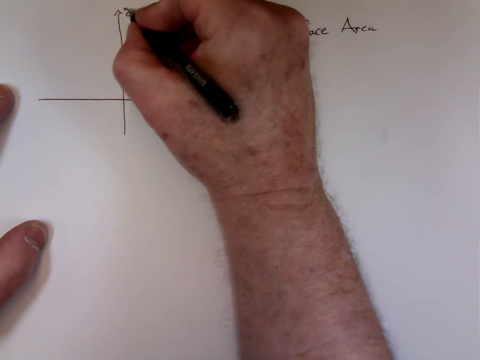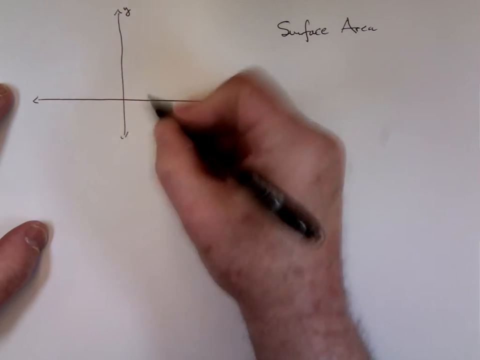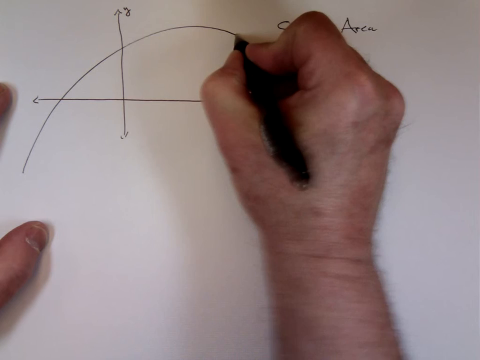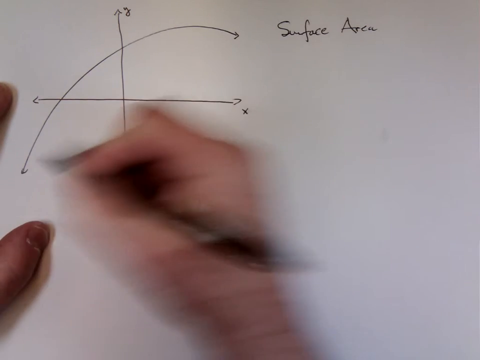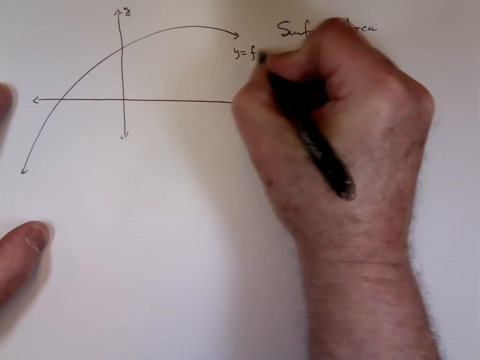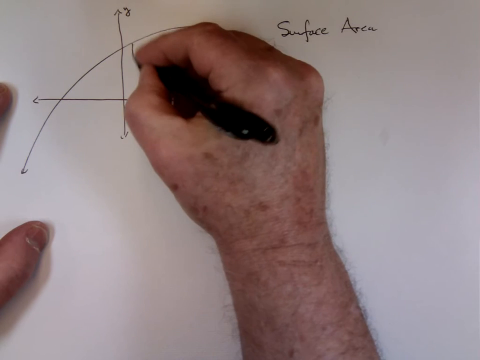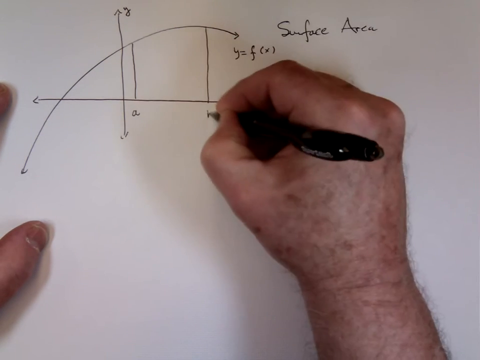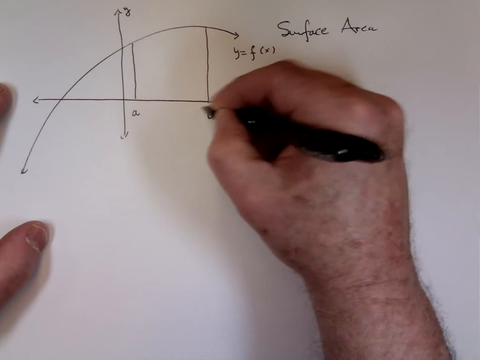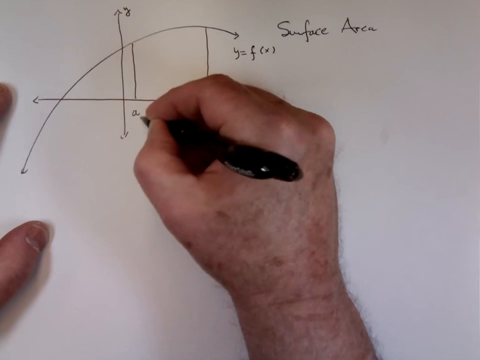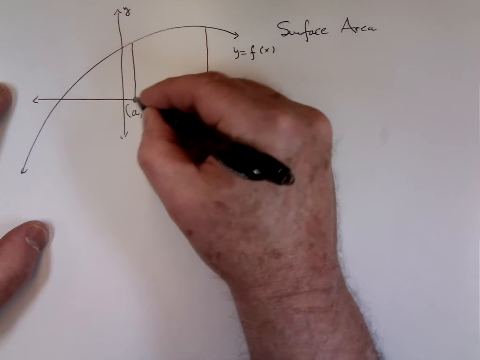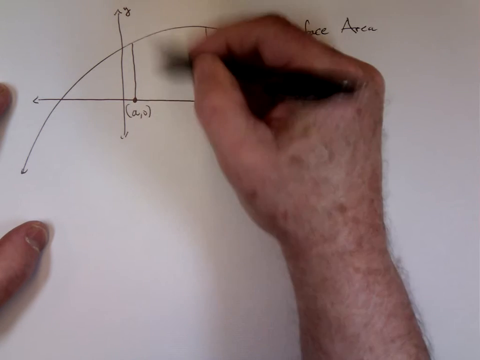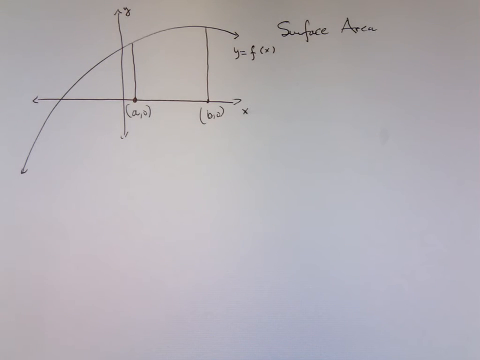We're going to take a function, and we're going to take this and whip it around the x-axis. Or whip it around the y-axis, but let's go with the x-axis first.